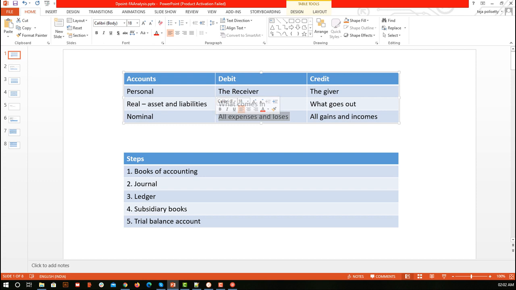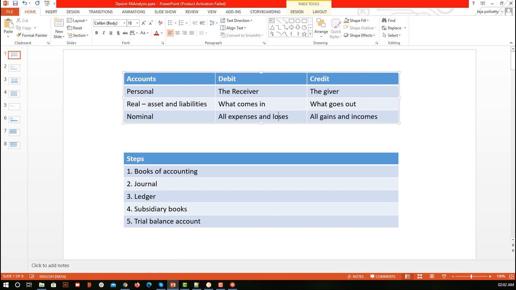If we sell goods, we are getting some income out of that, so in that case it will be a gain or income. Here we are paying salary, so it is our expense, not a loss, though all expenses and losses come under this. If it is depreciation, that will come under loss, but here we are paying, which is not our loss, it is our expense.